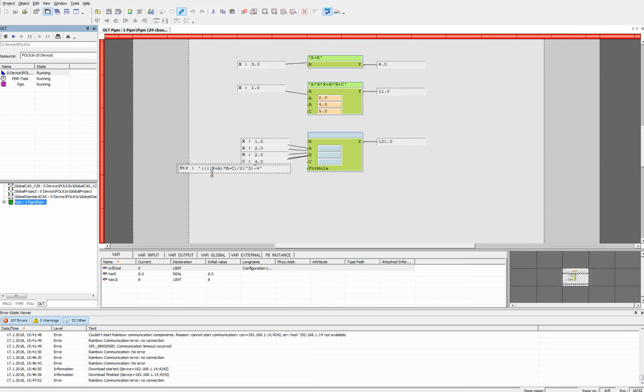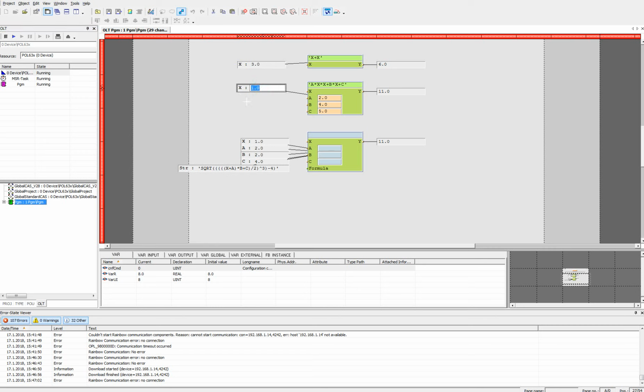And then I created a formula like this: x plus a multiply b plus c in parentheses divided by 2, the result multiplied by itself 3 times, so root to the third, minus 4, which is 121, and we can, for example, write sqrt with parentheses, so the result will be the square root, which is 11, from 121.